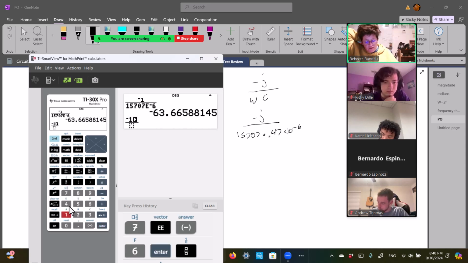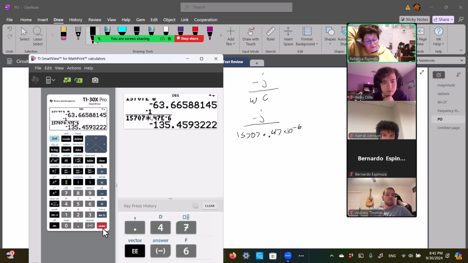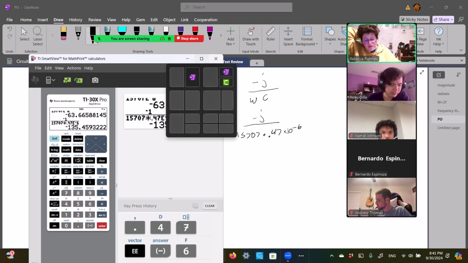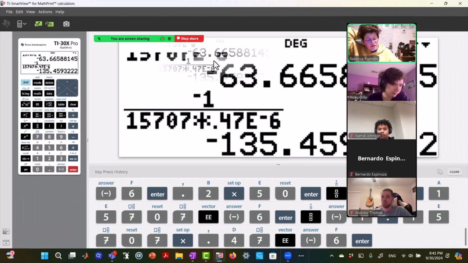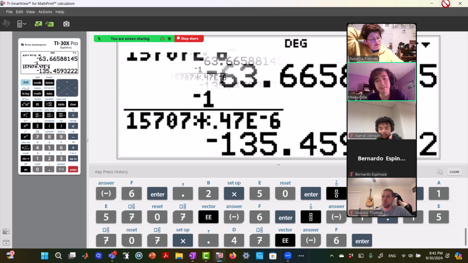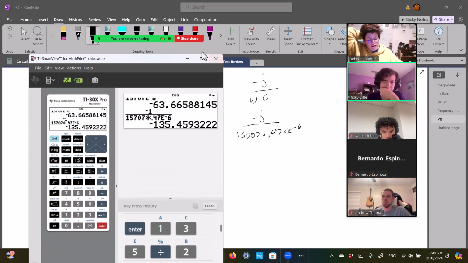Minus 1 over 15707 times 0.47 E negative 6 is negative J 135.45. I think I just typed it in the calculator wrong. I got everything else the same, and then when I redid it, I got negative 135. Okay, good.